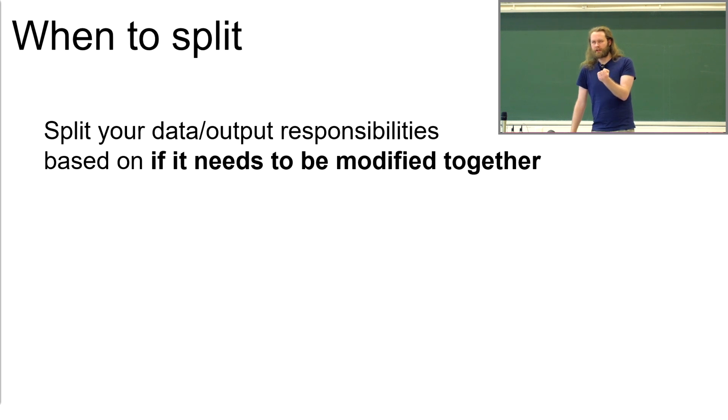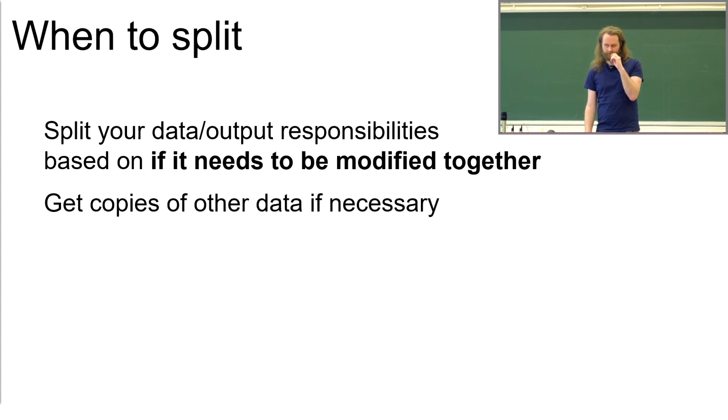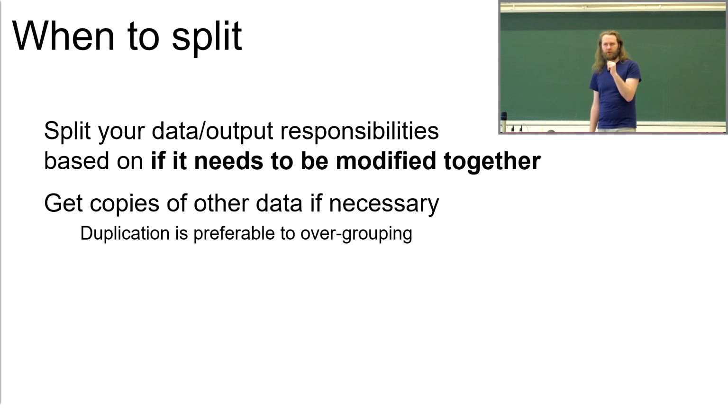The data duplication isn't the problem. So if you need to duplicate data, that's perfectly fine. You can get copies if necessary. Duplication is preferable to overgrouping, because you will find that we have duplicated data. The data exists in two places. The distribution process needs a list of everybody who's alive.